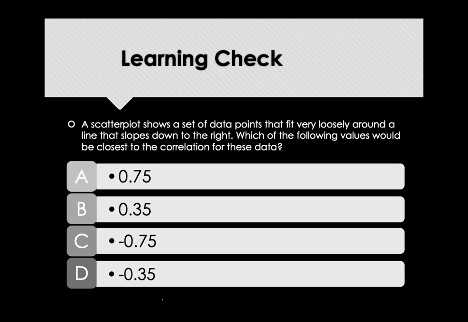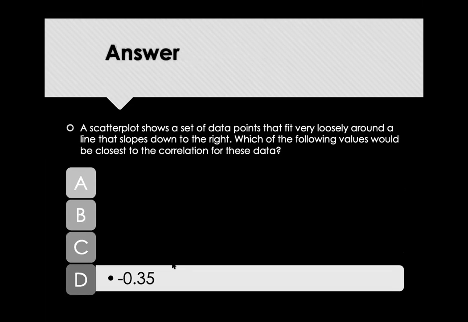So we're looking at choices C or D. When it says the data points fit very loosely around a line that slopes in that direction, which of C and D is the weaker relationship? Remember, the closer you get to -1 or +1, the stronger the relationship. So in this case, answer D would be a weaker relationship.